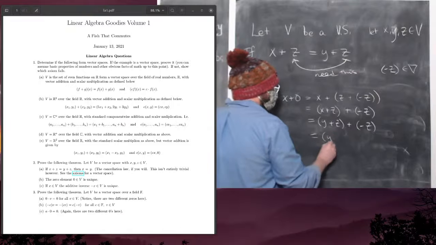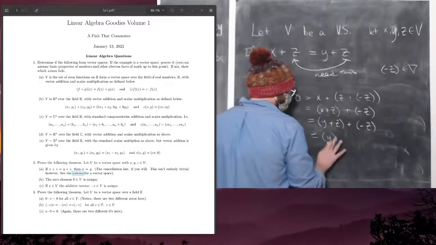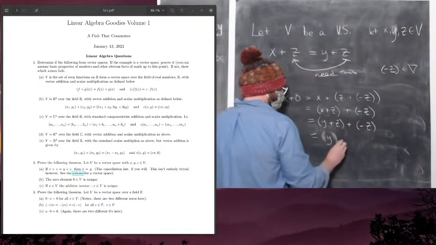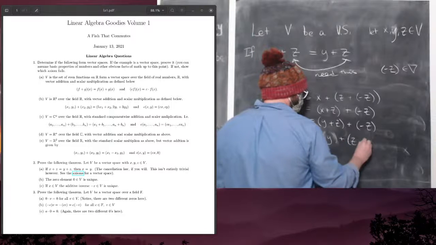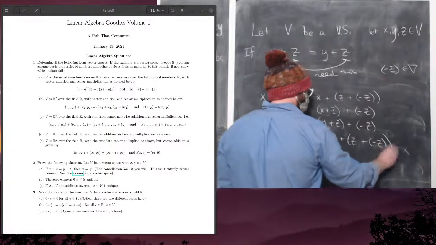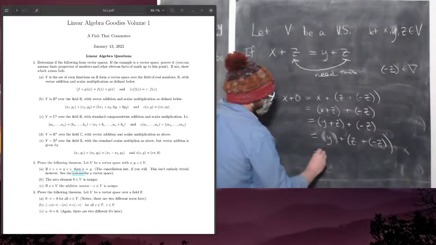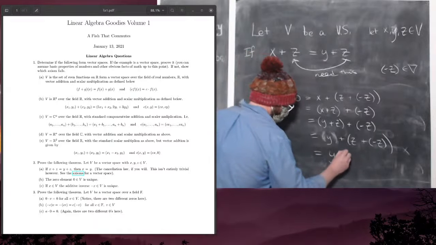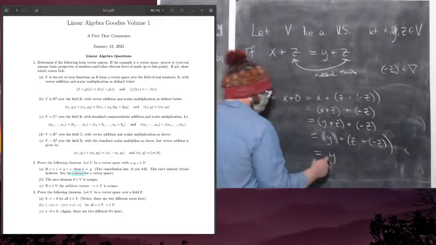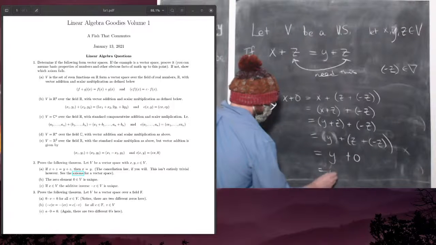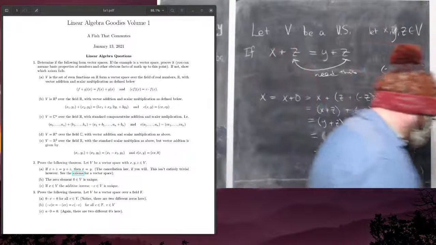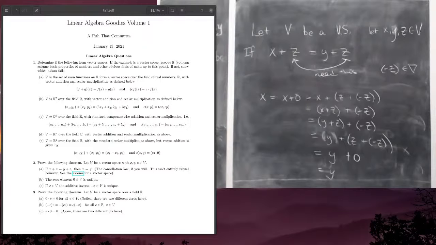Don't you love when, like, adding 0, then we reassociate again? There it is. That's 0. And by assumption, this is one of the axioms. If we add 0, we get the same thing. So x equals y.